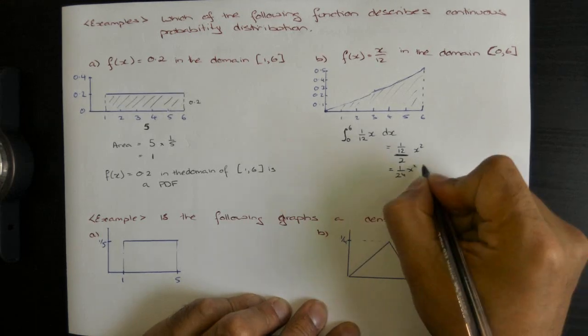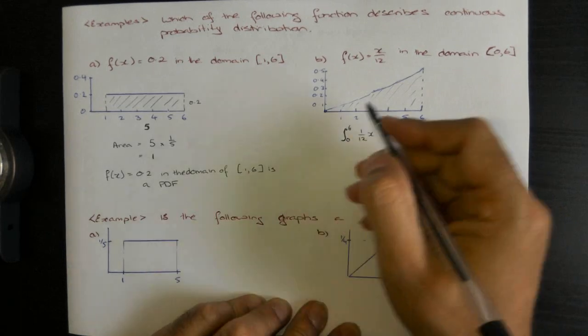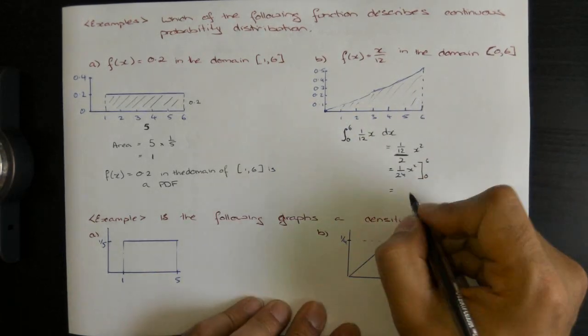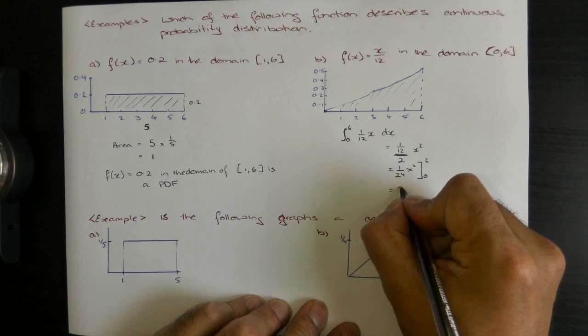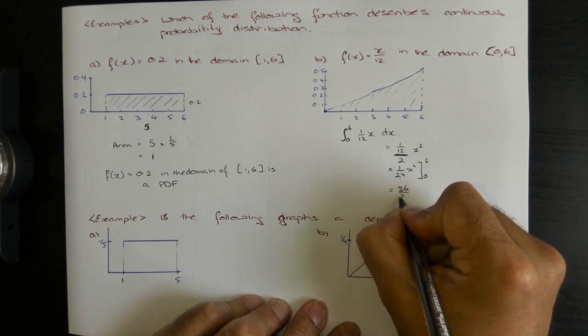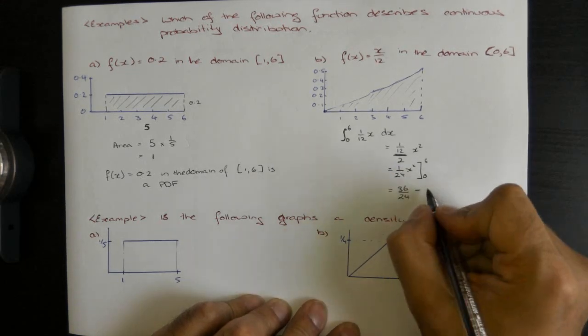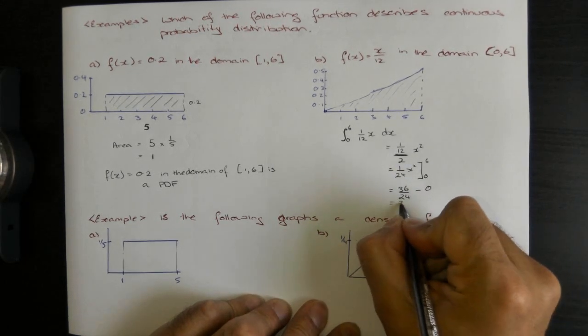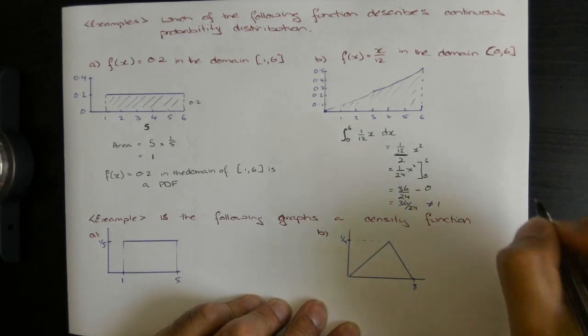x squared. And if we're going from 0 to 6, what is the area under this curve? 6 squared is 36, so 36 over 24 minus 0 is 36 over 24. So this is not equal to 1.